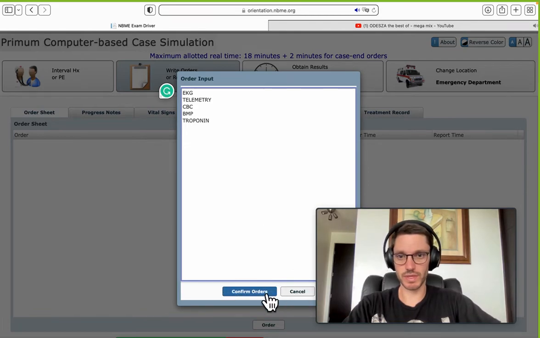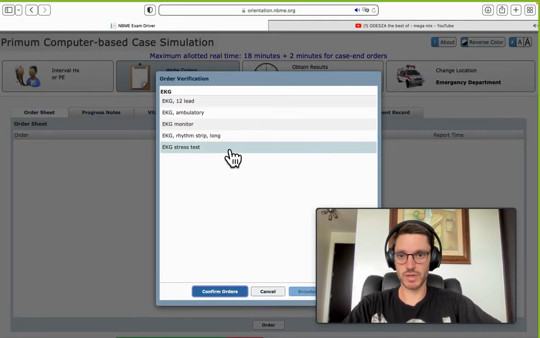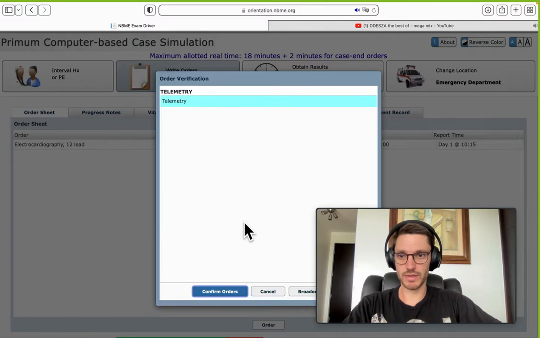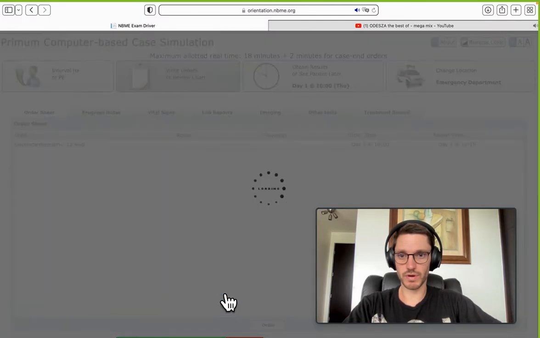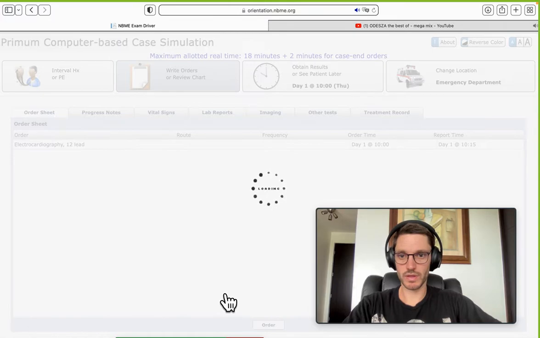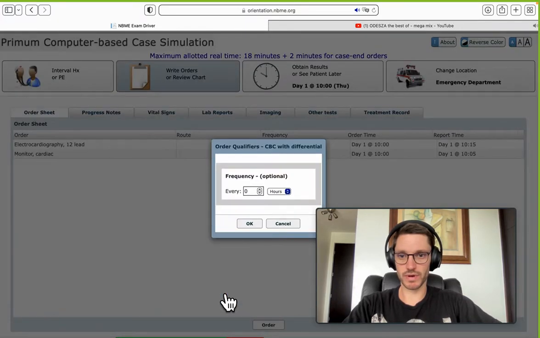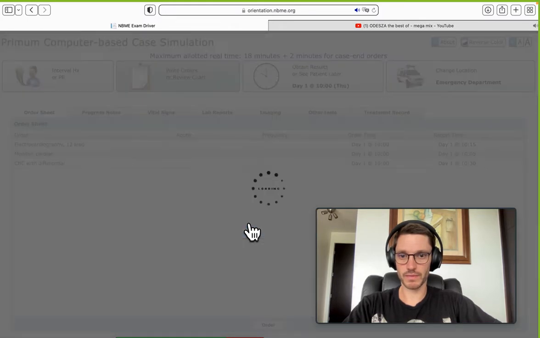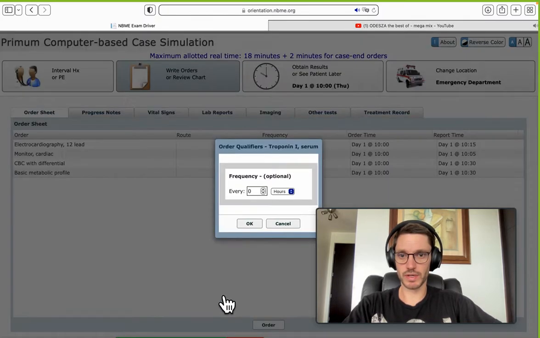Let's confirm these orders. 12 lead, confirm order, and I also want an EKG, confirm order. Yeah, CBC with differential. Yeah, BMP right now, troponin.